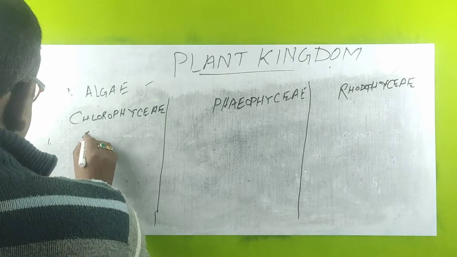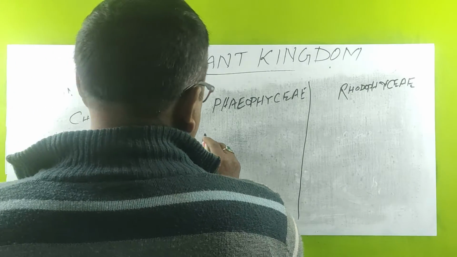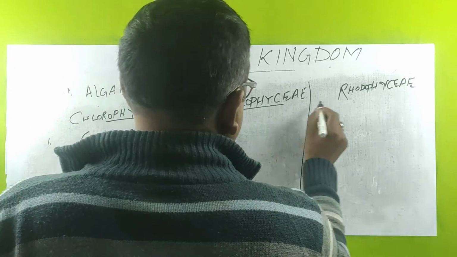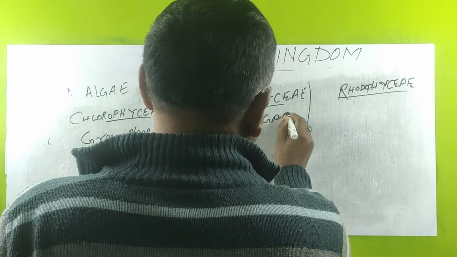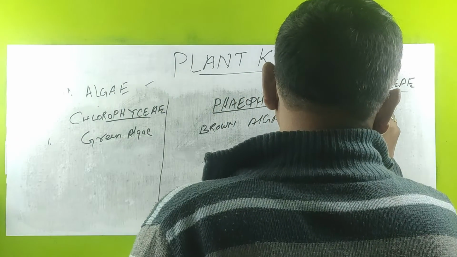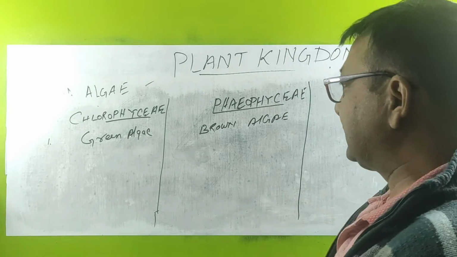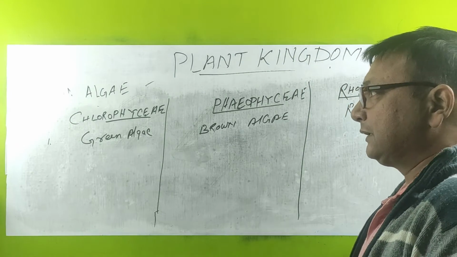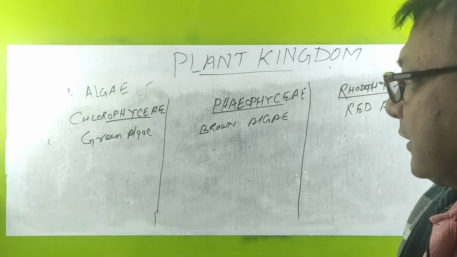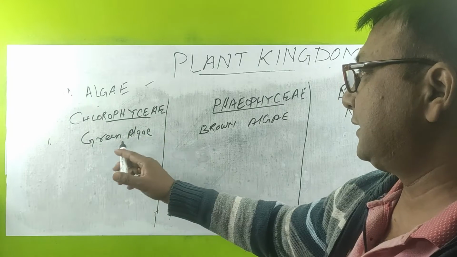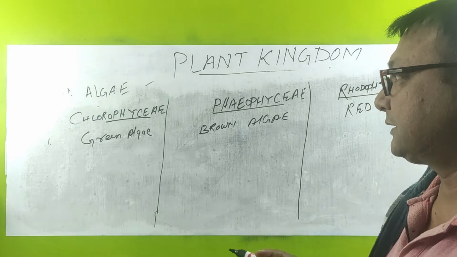This is commonly called green algae, this is called brown algae, and this is called red algae. Generally, when you see the oceans, where there is a group of stones or a place that is greenish in color, you can say there is a deposition of Chlorophyceae, that is green algae.